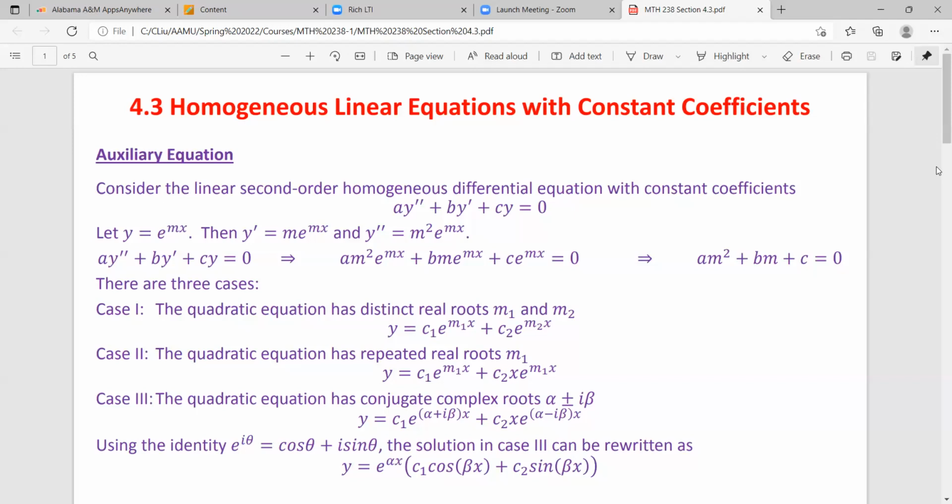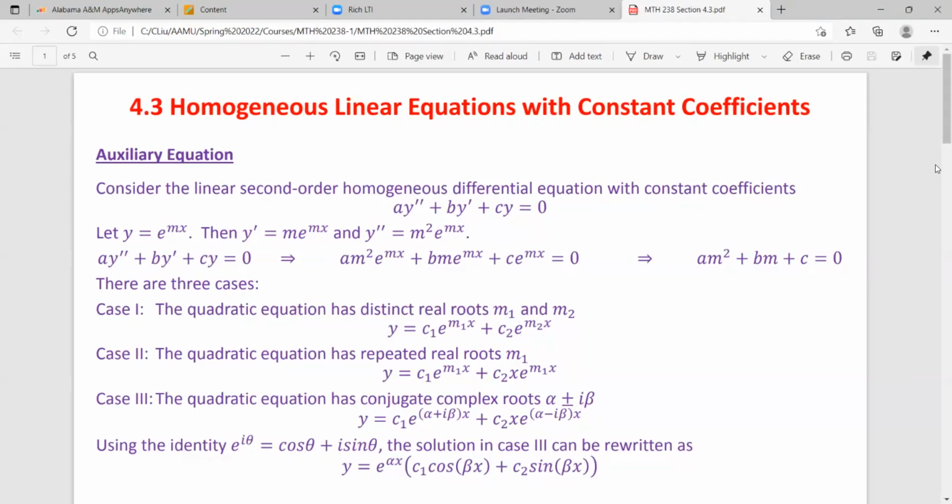That will determine what m is. Remember when we wrote y = e^(mx), we don't know what the m is. We know this solution has to take the form of e^(mx), but we don't know what m is. So this equation am^2 + bm + c = 0 actually gives us what m is. So we just solve the quadratic equation to get m and then plug into the solution e^(mx), then we solve the differential equation easily.